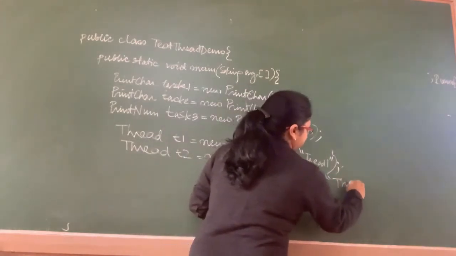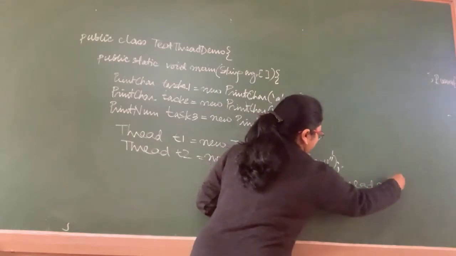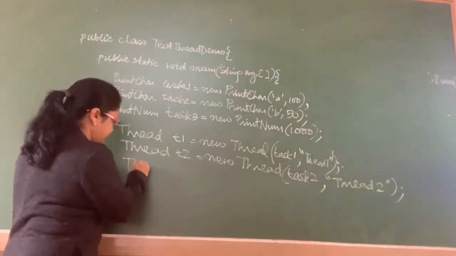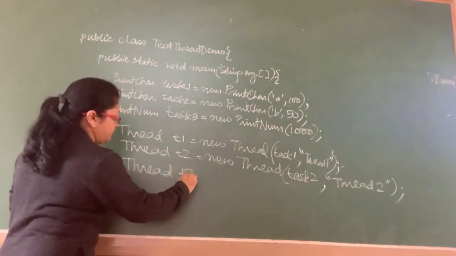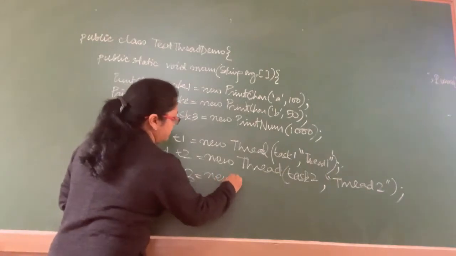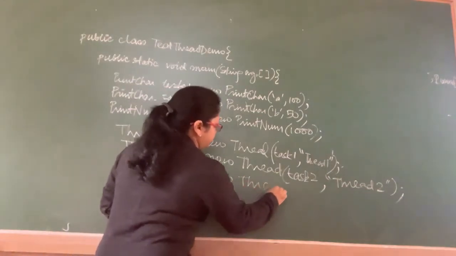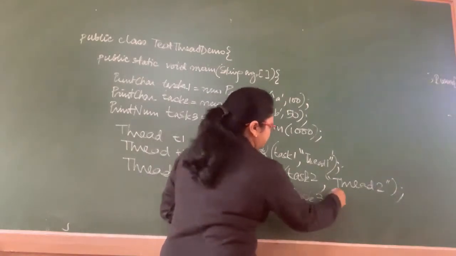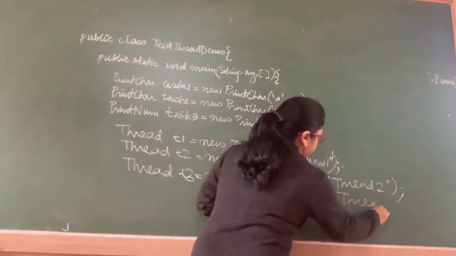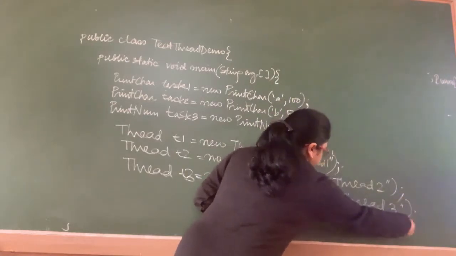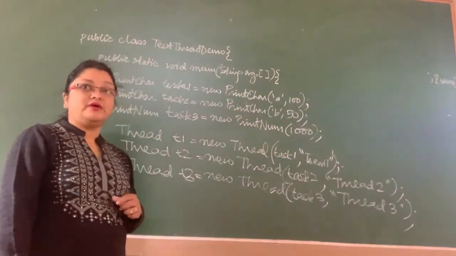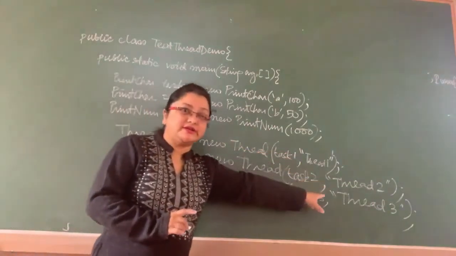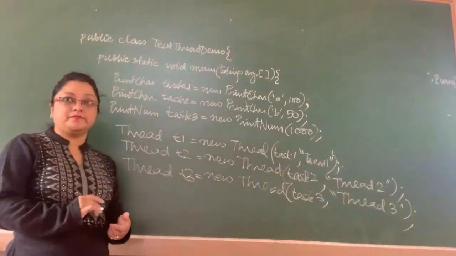And then the third one, thread T3 is a new thread, with task 3. So now I have created 3 thread objects, 3 task objects, and also associated the task objects with the threads.